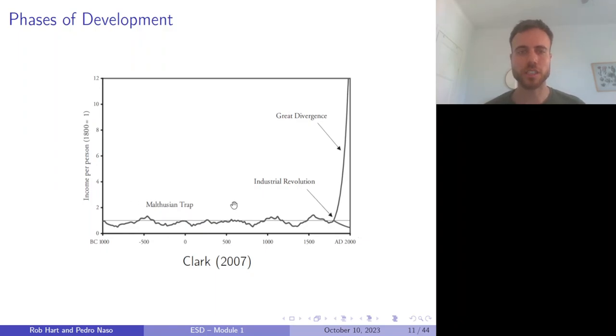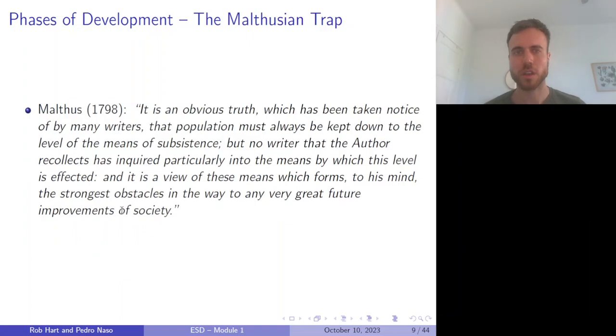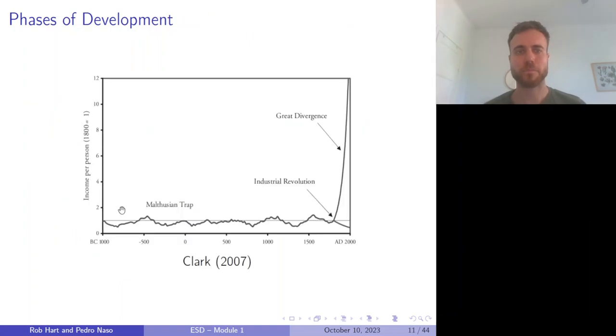So these are the three phases of development we can observe here: Malthusian trap, Industrial Revolution, and Great Divergence. It is actually another way to say Malthusian epoch, the post-Malthusian regime, which was around the Industrial Revolution, and the modern growth regime. Okay, that's it for now.